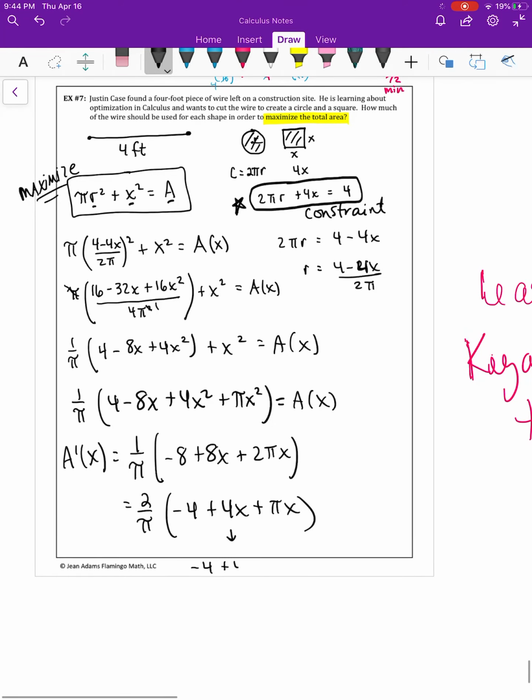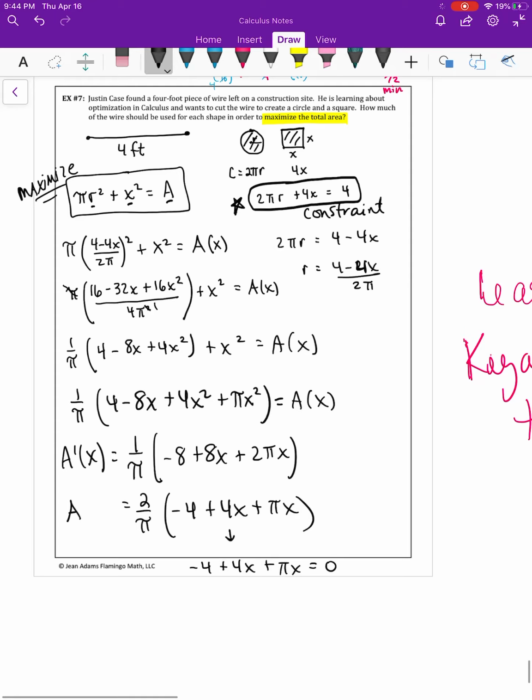And I can factor a 2 out. And I've got negative 4 plus 4x plus pi x. And I can set just this piece equal to 0.